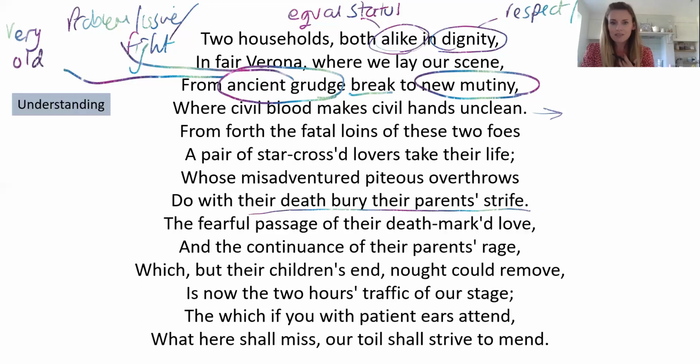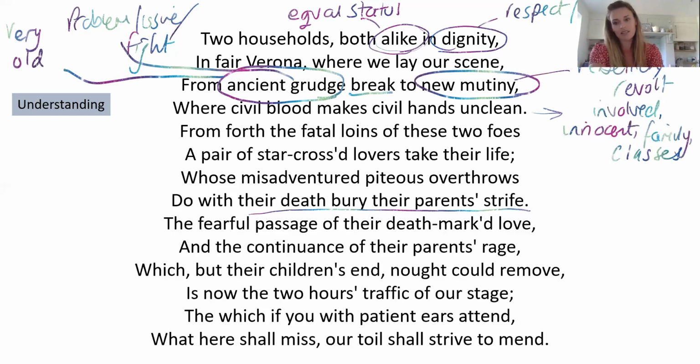And what's happened here is this grudge, this bit of beef that one person's got because so-and-so said something about them, has grown into this huge mutiny, this conflict that everybody's getting involved in. And it's crazy when you just think about it, it could have just come from an issue that someone had with somebody else a long time ago. It's just blown up to become this big thing.